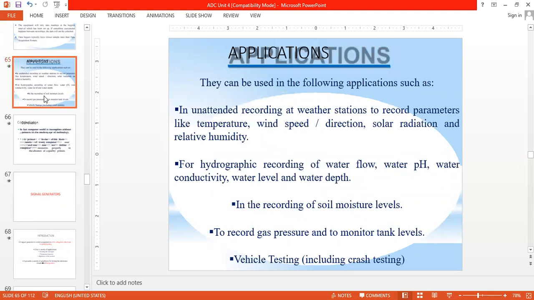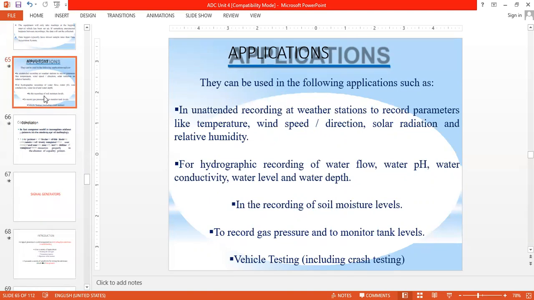Then applications. They can be used in the following applications, like unattended recording at weather stations to record parameters like temperature, wind speed, direction, solar radiation, and relative humidity. For hydrographic recording of water flow, water pH, water conductivity, water level, and water depth.